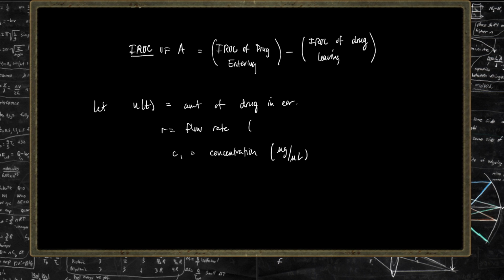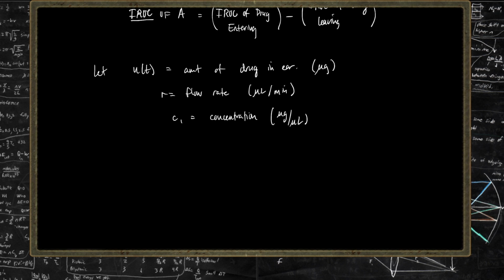The flow rate would be milliliters per minute, or microliters per minute, I'm sorry. And the amount of the drug is going to be in micrograms. This will just help us keep track of the units in the model.